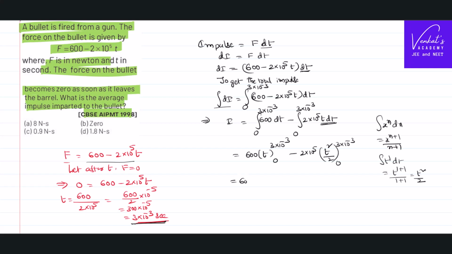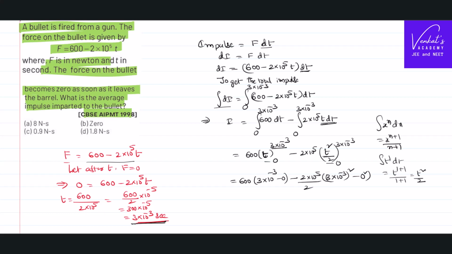Let us simplify this. First I shall apply the upper limit in the function and then minus the lower limit. In the place of t, upper limit is 3 into 10 power minus 3, minus lower limit 0, minus 2 into 10 power 5. By 2 I can take it outside. t square: upper limit 3 into 10 power minus 3 whole square minus 0 square.